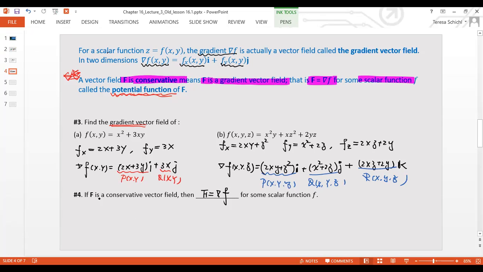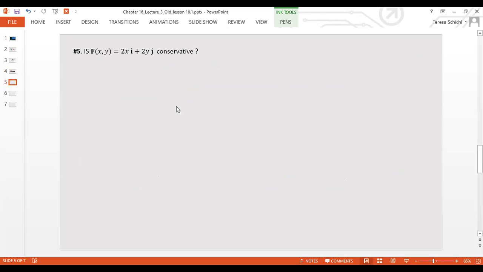So if F is a conservative field, then F has to be the gradient of some scalar function f. In the next section, we're going to see how to find these scalar functions. Let's take a look at one simple example before we go any further. In the next section, we're going to dive deep.